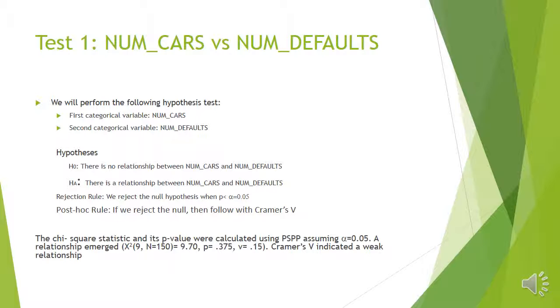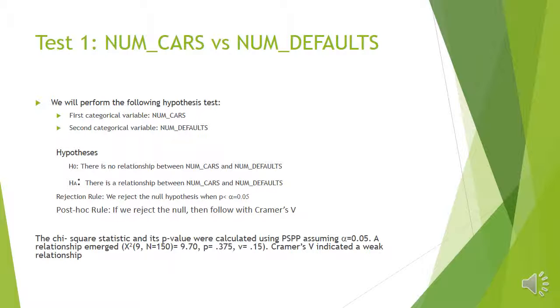Our null hypothesis was that there was no relationship between the number of cars and the number of default payments, while our alternative hypothesis would then state that there is a relationship between the number of cars and the number of defaults. Our rejection rule, we will reject the null hypothesis if p is less than our alpha value of 0.05. Our post hoc rule is if we reject the null hypothesis, then we follow with Cramer's V.